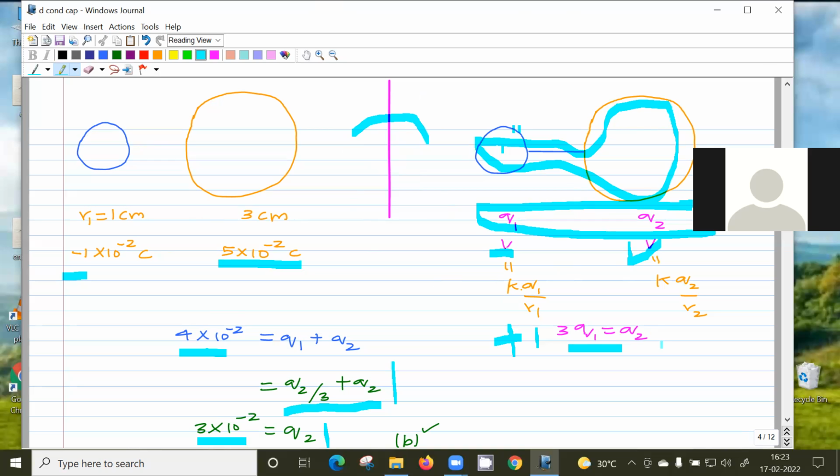So if we join two conductors of the same potential, there won't be transfer of charges, right? Instead of -1 and +5, if the initial charges are +1 and +3, then there won't be any flow of charge because they're already at equipotential.